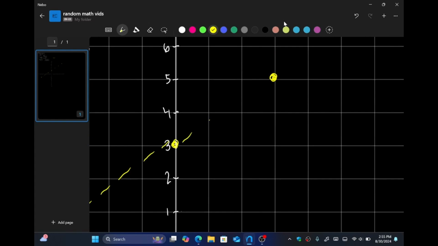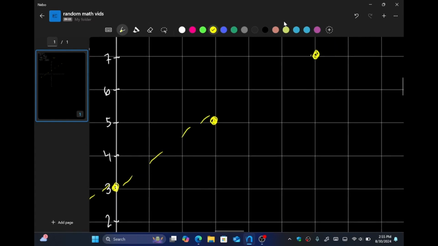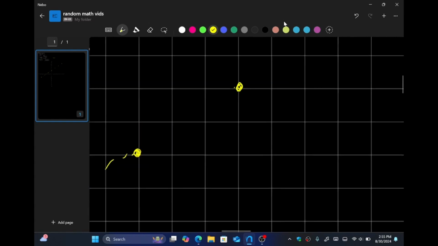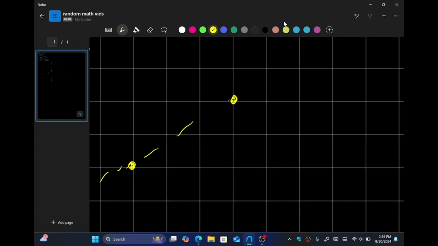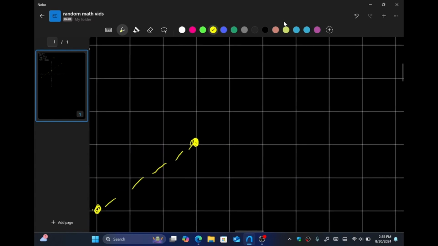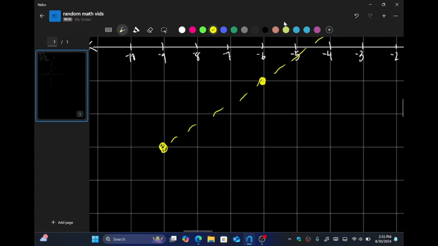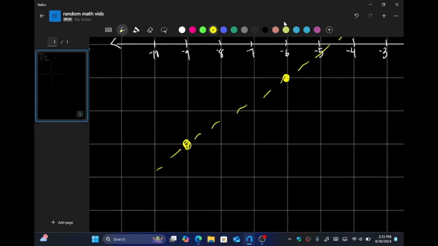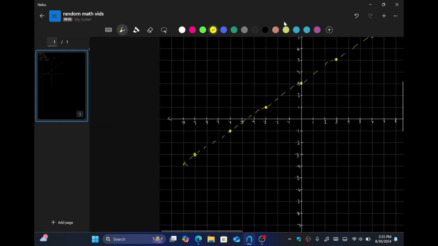I know I don't have a ruler here like I do with OneNote, so bear with me. As you can see, you can put little arrows at the ends.